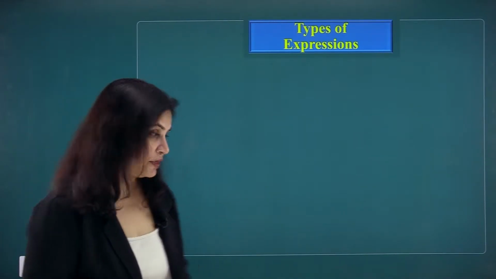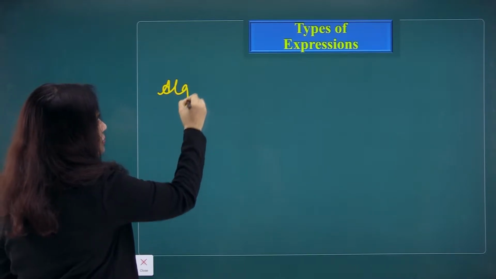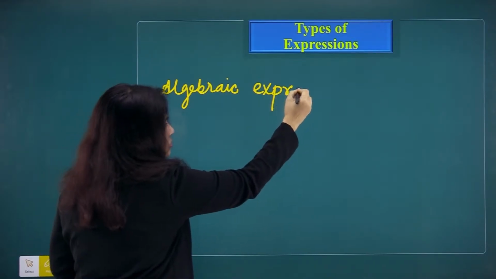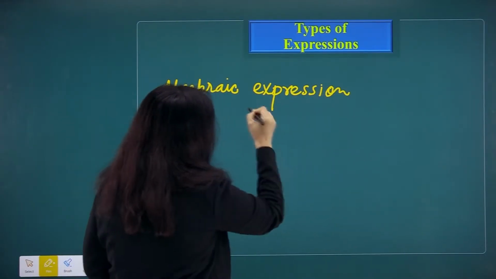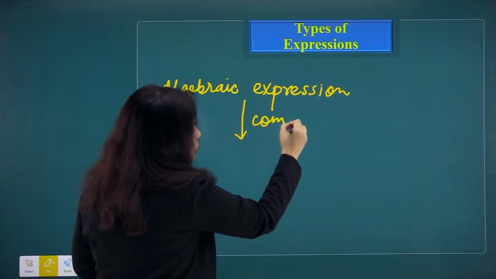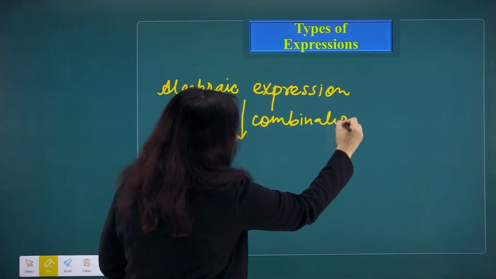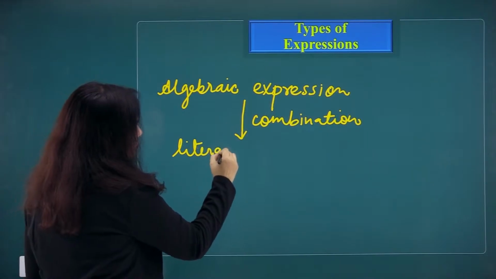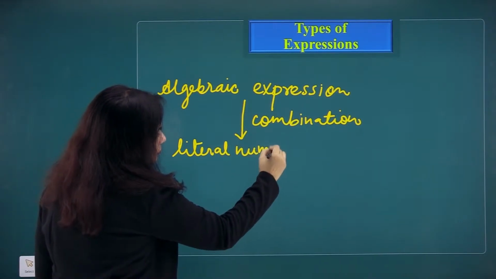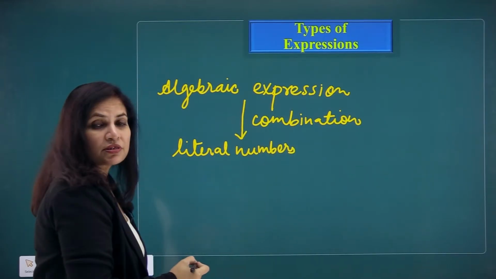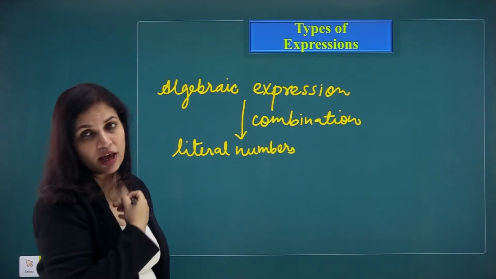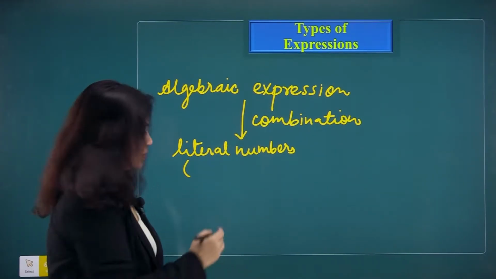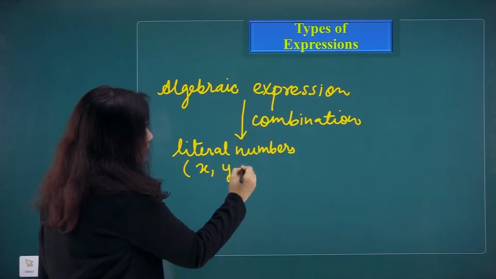What are algebraic expressions? Algebraic expressions, which we simply called expressions, are a combination of literal numbers. Literal numbers are nothing but the letters of the English alphabet, which are used as symbols and denote unknown quantities like x, y, z.